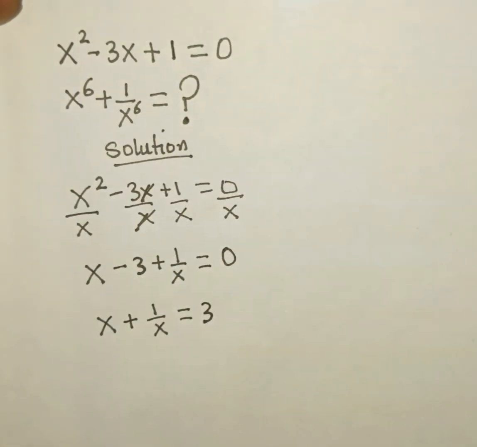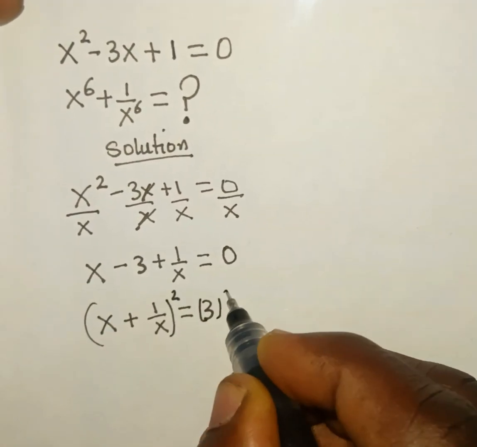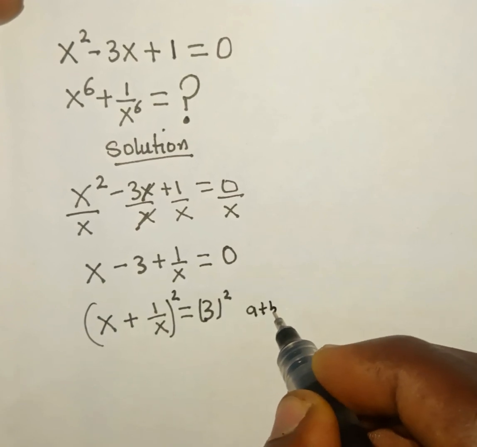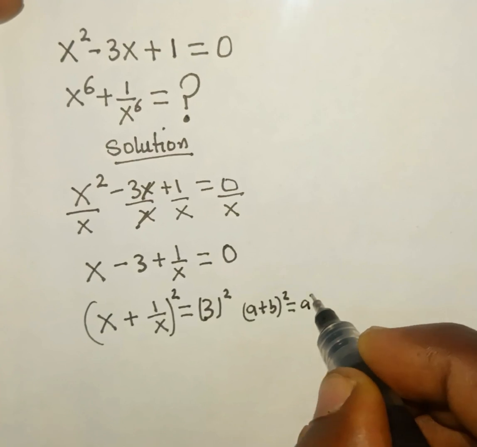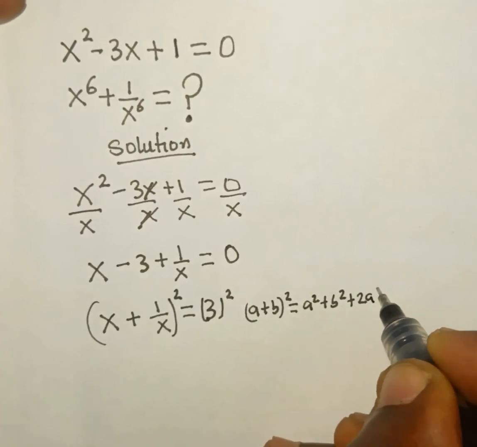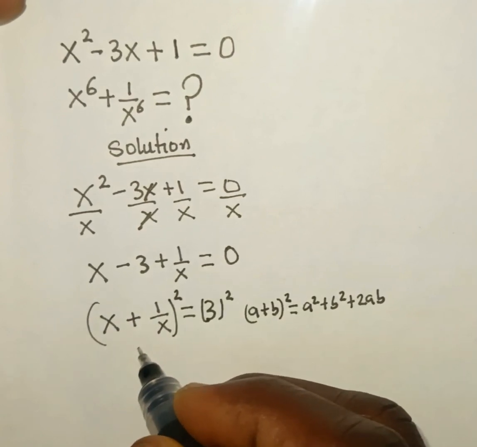The next thing, we are going to square both sides of this equation. So we square the left hand side and also we square the right hand side. So recall that when we have a plus b all squared, this can be simplified as what? a squared plus b squared then plus 2ab. So this is the simplification of the expression on the left hand side.